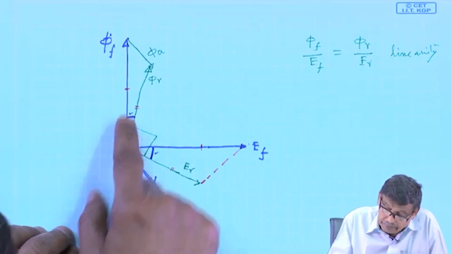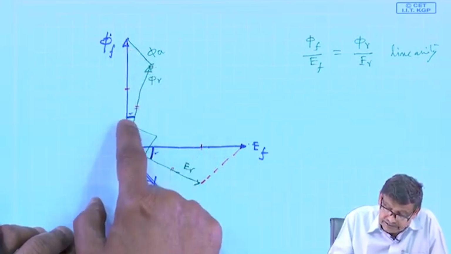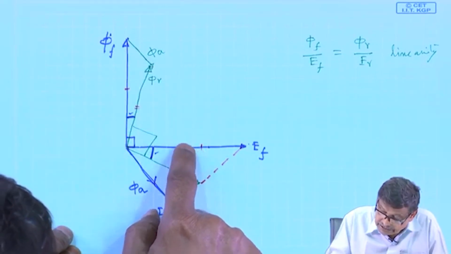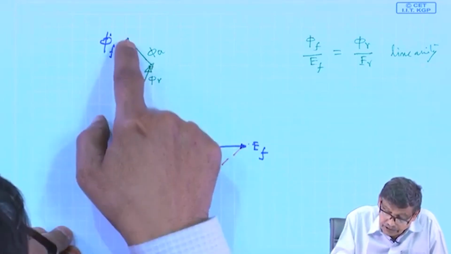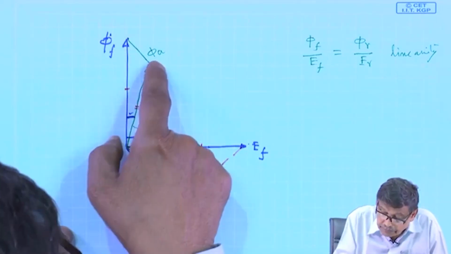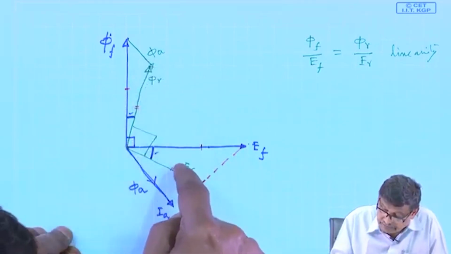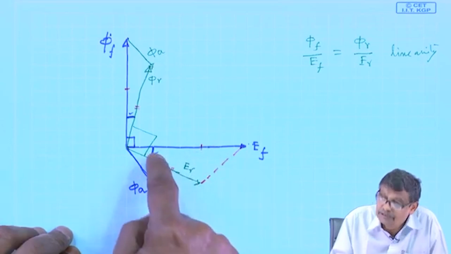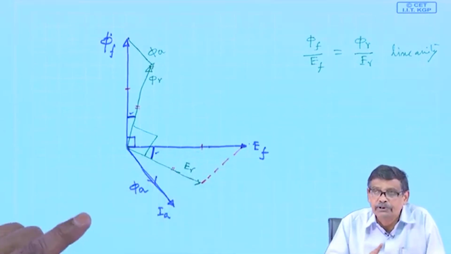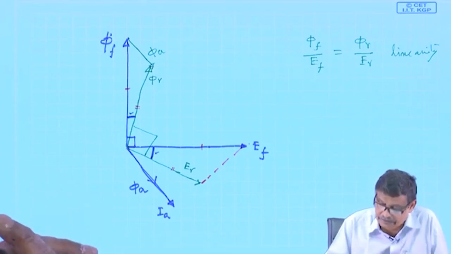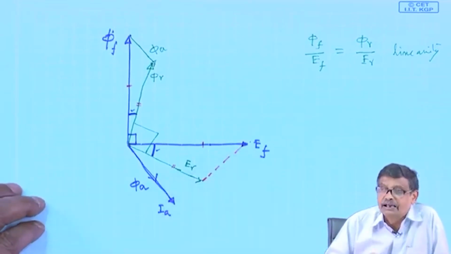So, the angle between this and this is this, and ER is perpendicular to phi f and phi r is perpendicular to this. So, the angle between these two green lines must also be delta. The angle between two straight lines is equal to the angle between their perpendiculars. So, this is what I get.